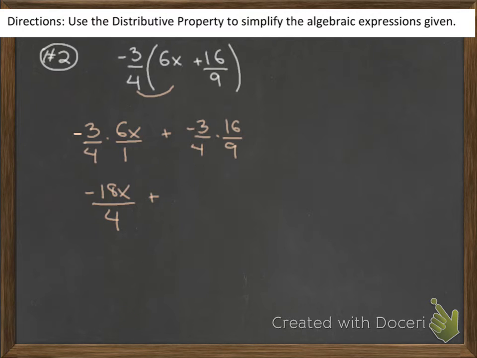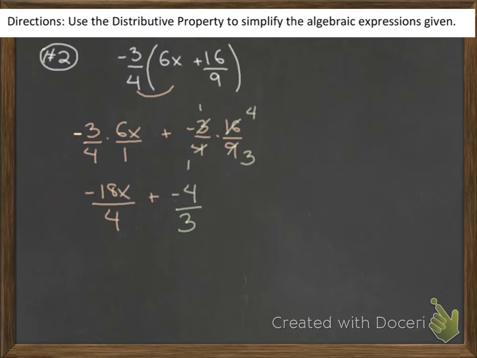Now, if you want, you can go ahead and multiply that across. What I'm going to do, because it's easier and faster, is reduce this before I multiply. So 3 goes into 3 once, 3 goes into 9 3 times. 4 goes into 16 4 times, 4 goes into 4 once. So now I have negative 1 times 4, which is negative 4, and I have 1 times 3, which is 3.